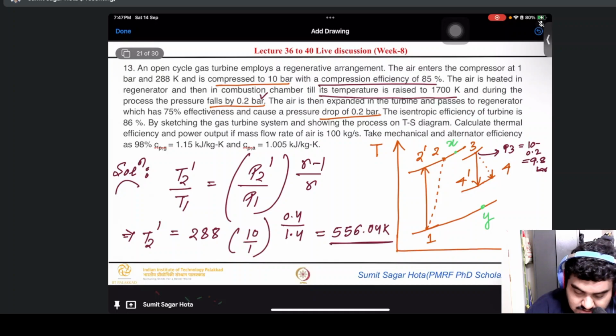In the question it's given that there is a 0.2 bar drop from this position, so what will be this pressure at 4 dash? It is 1 plus 0.2, which is 1.2 bar.